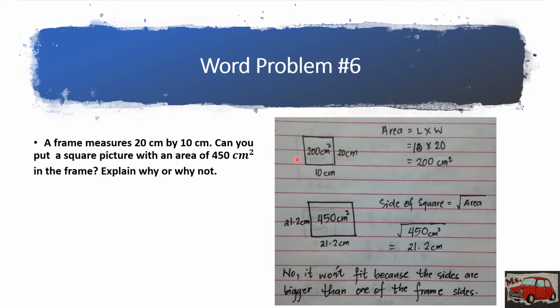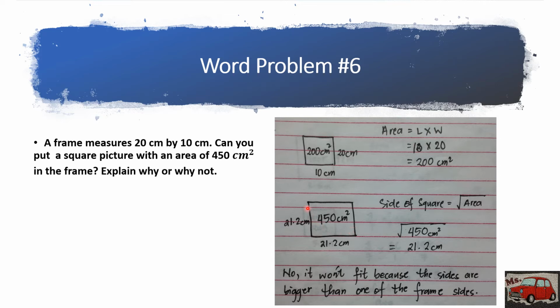So, ito yung frame natin na merong area na 200 square centimeter. Kasi to get the area, multiply lang natin yung side niya na 20 cm by 10 cm. Okay? Now, yung ilalagay daw natin na square picture is merong area na 450 cm squared. Okay?